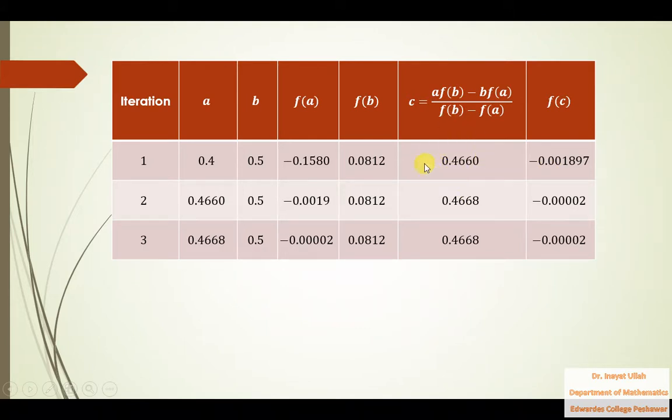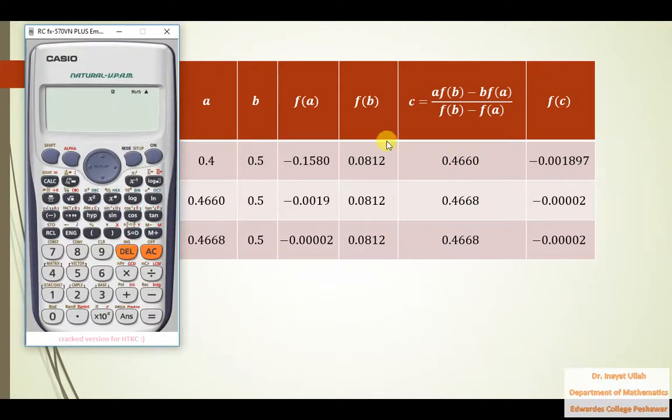So with the help of the calculator we will find the value of f of c and the value of c. Let us try to understand how we could construct this table with the help of the calculator. First of all we need to put f of a, the given function. The given function is 2 cosh x into sin x minus 1. Instead of x we will write A, so that is 2, then cosh A. Hyperbolic functions will be from this tab, so press this HYP button.